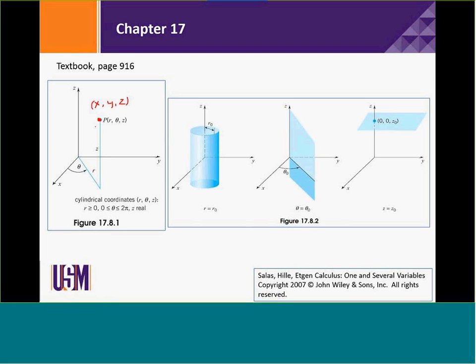The z represents the height from the xy plane. When you project to the xy plane, the r represents the distance from the origin to the point, and the theta represents the angle from the x-axis.